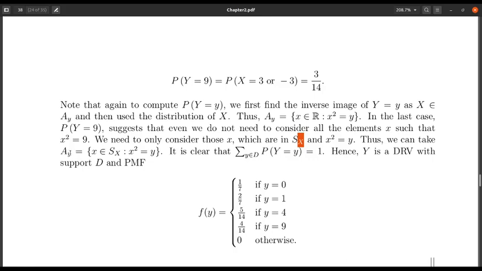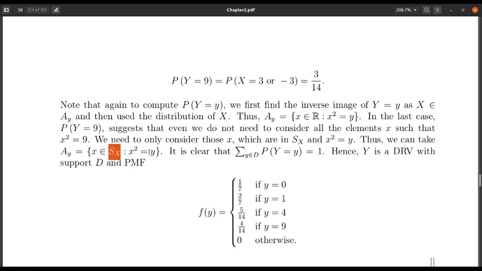So I can take only this set, and write the probability of Y equals y as the probability that X belongs to A_y, where in A_y I take only those points which belong to S_X instead of all points in R.